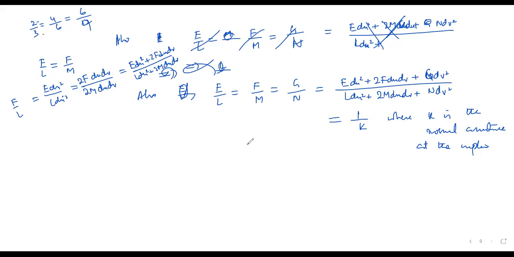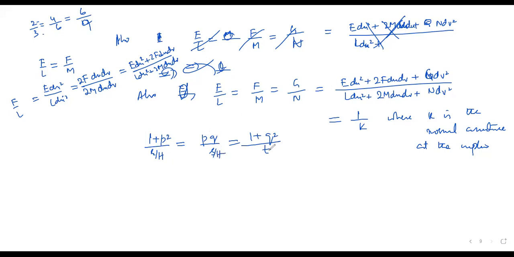So that would give us 1 plus p square divided by r is equal to 1 plus pq divided by s is equal to 1 plus q square divided by t.